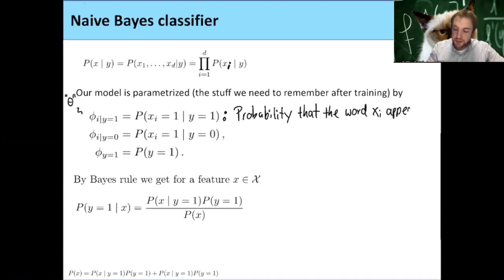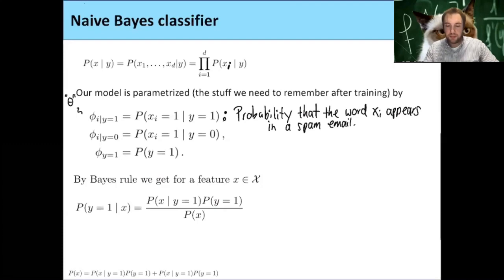So this is the probability that the word xi appears in a spam email. And this one here is the probability that this word appears in a non-spam email.